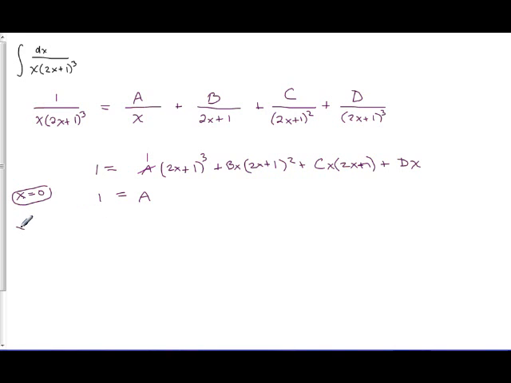Let's try x equals minus a half, because that zeroes out a whole bunch of other terms. If I try x equals minus a half, I'm going to get 1 is equal to, well, these terms here all zero out, and I just get minus a half times d.